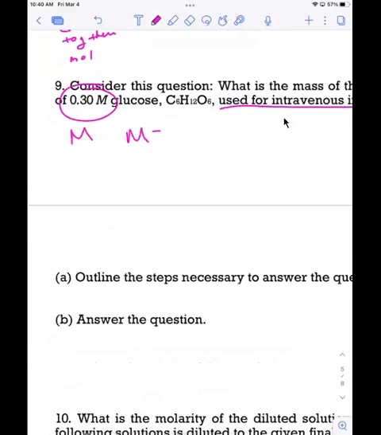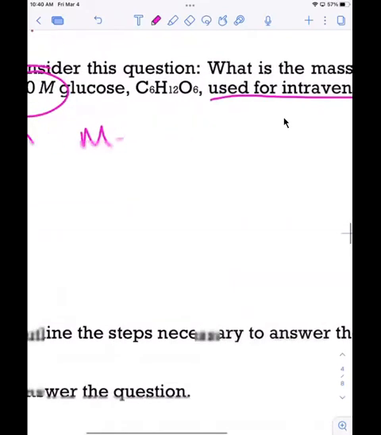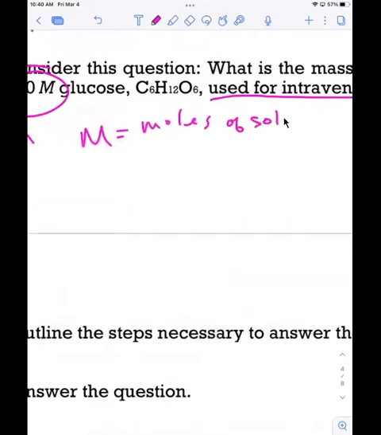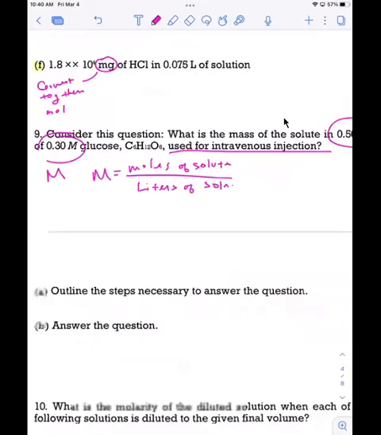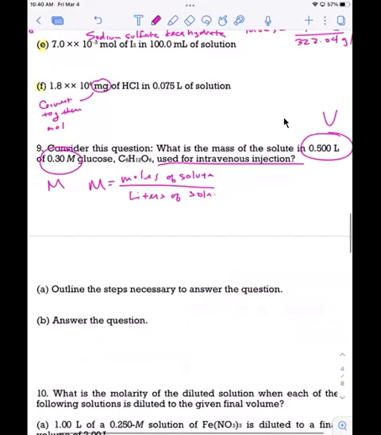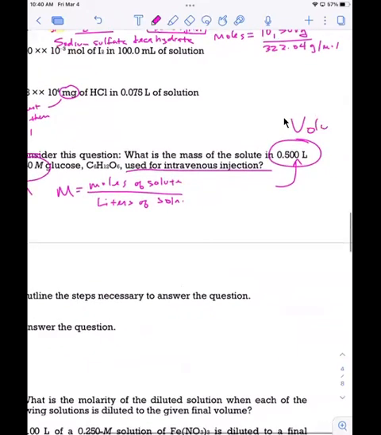So M is moles of solute divided by liters of solution, and it gives me the volume of solution.